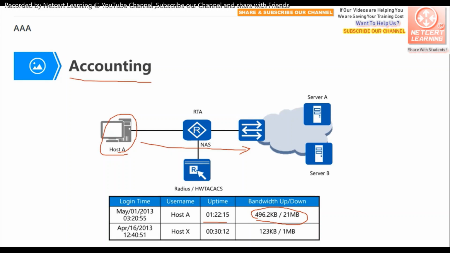For example, the login time, the username and uptime, and the bandwidth, the up bandwidth and the down bandwidth. So from these parameters, we can account these users. We can use the time to account the users. Also, we can use the bandwidth to account the users. Okay, that is accounting.